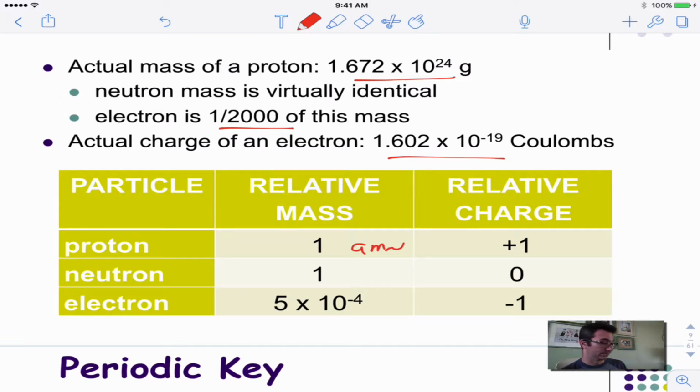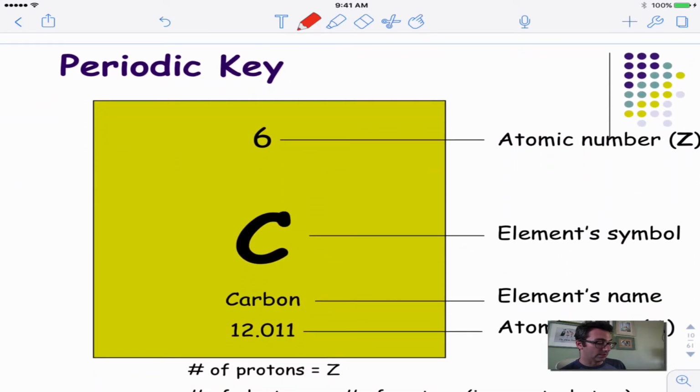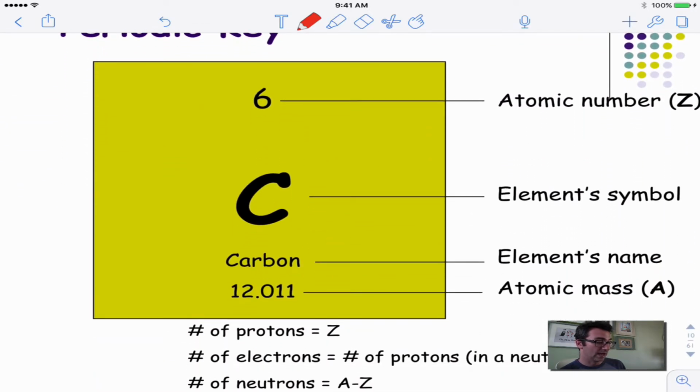When we look at the periodic table, it's also important that you're able to figure out how many protons, neutrons, and electrons there are. And all of you are pretty good at this. But just to review it, your IB table has the atomic number up top, and they call it Z. And then it has the symbol, the name, which they don't give you on the actual table, and also the atomic mass, which is the average atomic mass.